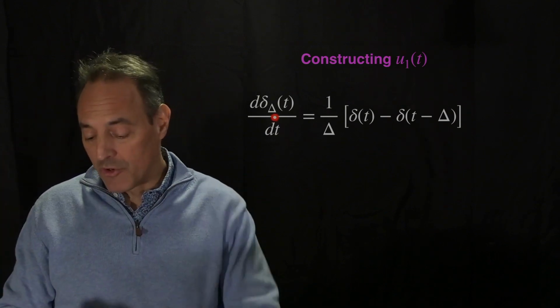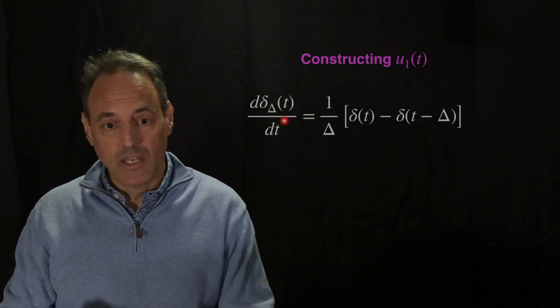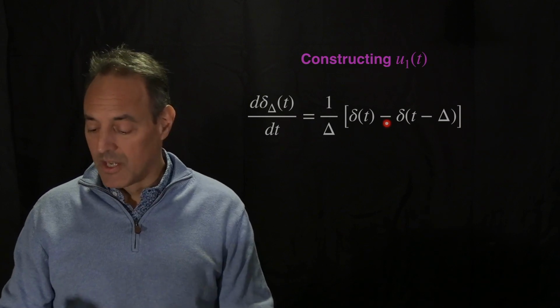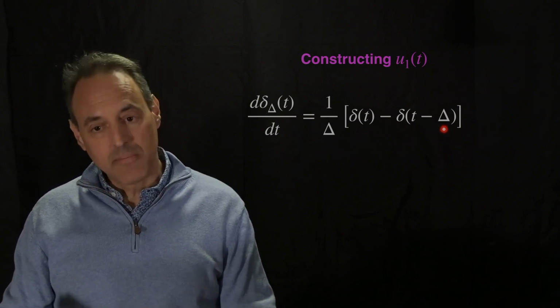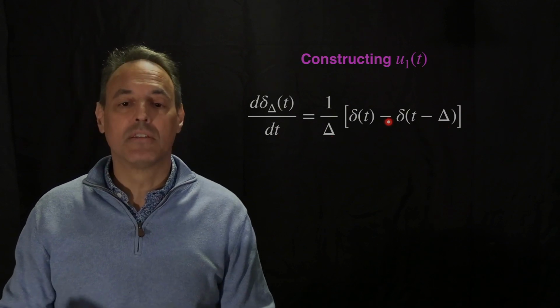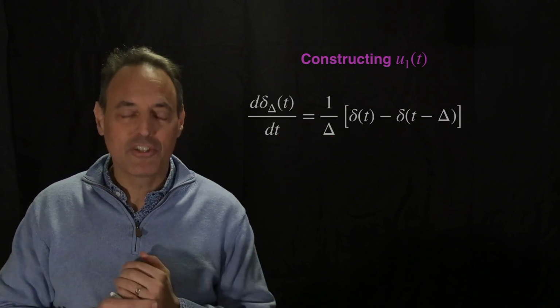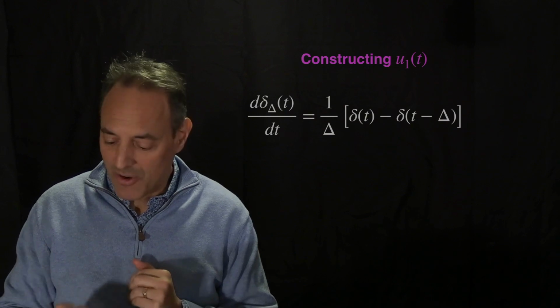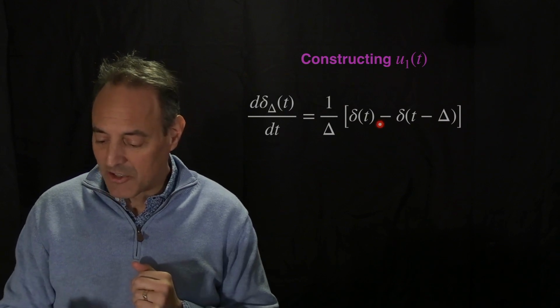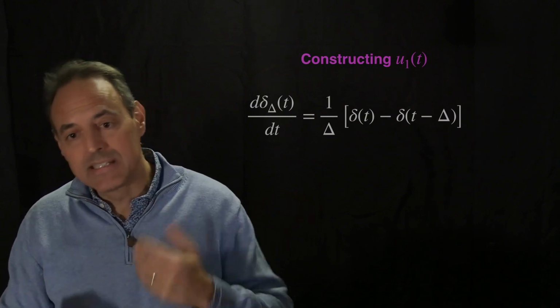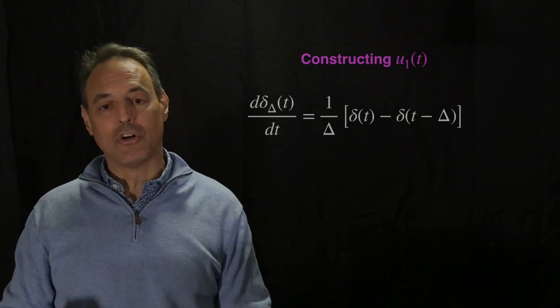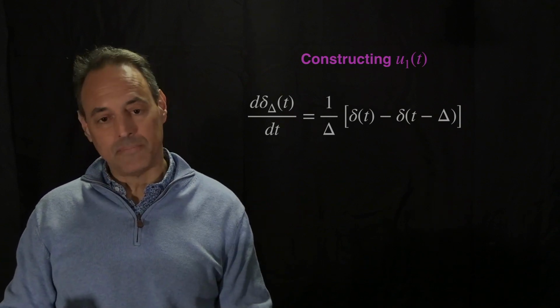Taking the derivative is looking at the difference, delta(t) minus delta(t minus delta), over delta. This is the definition of a derivative: take the difference, divide by delta, and take the limit as delta goes to 0.